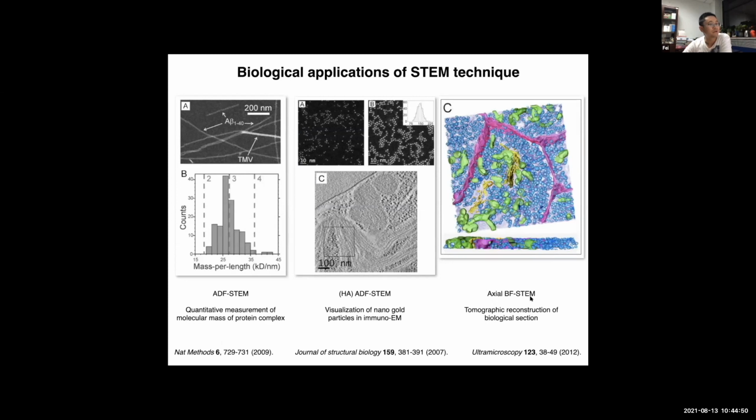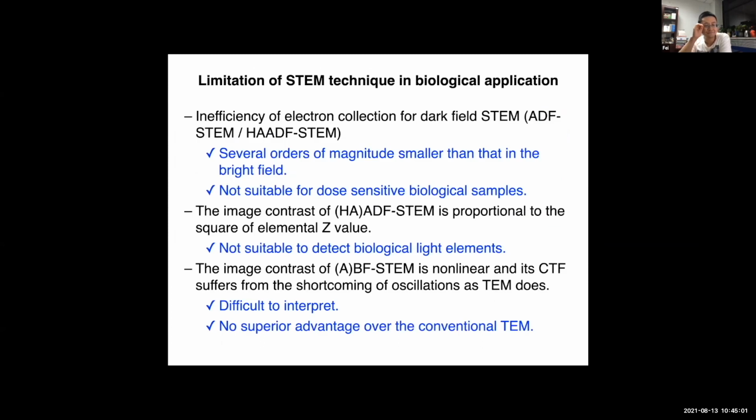And bright field STEM has also been successfully applied to study the 3D structure of biological sections. However, till now, STEM technology has not been widely used in the BioEM field.